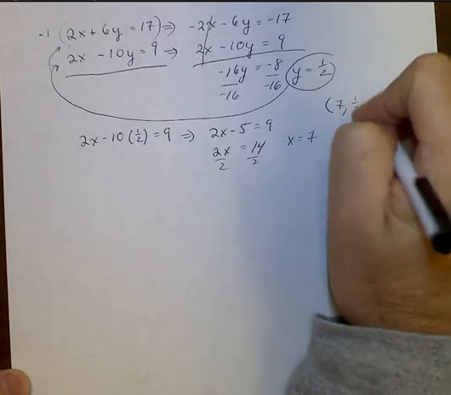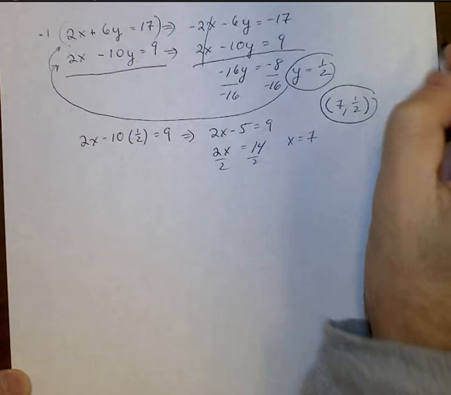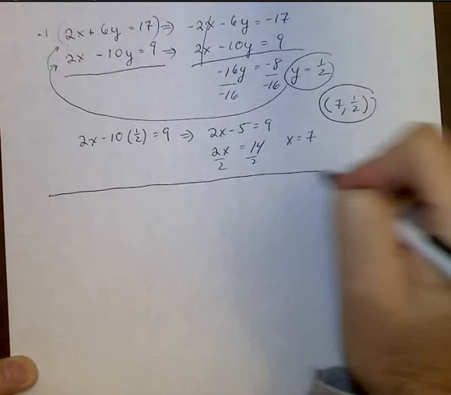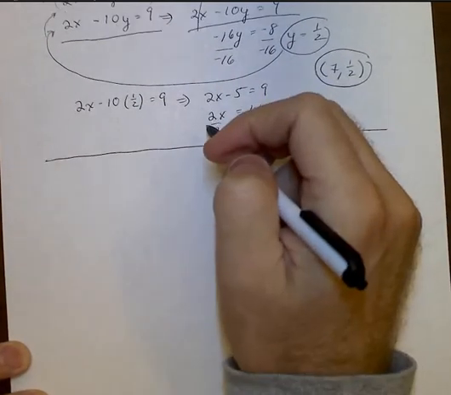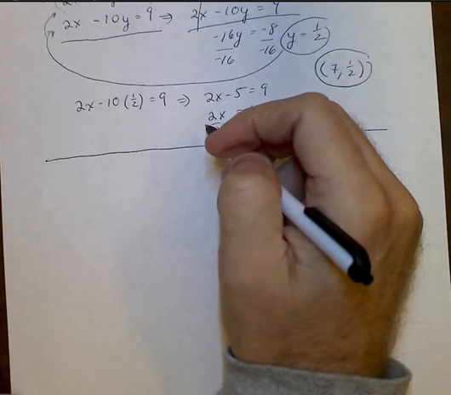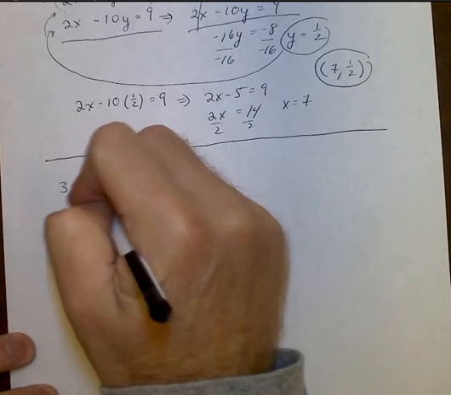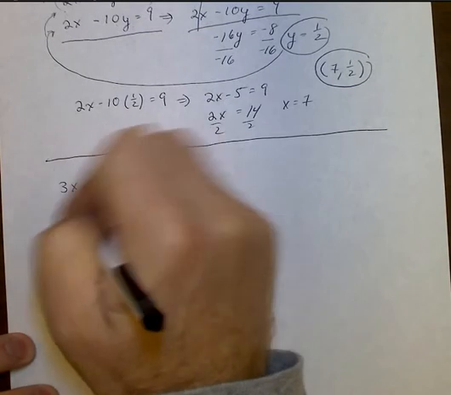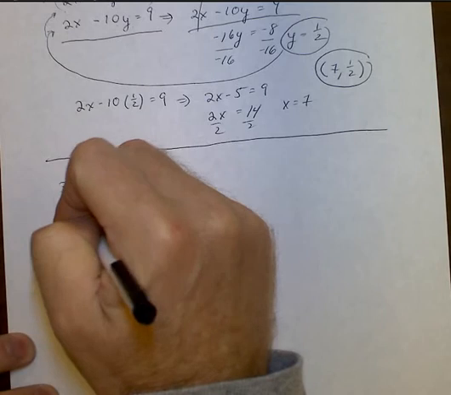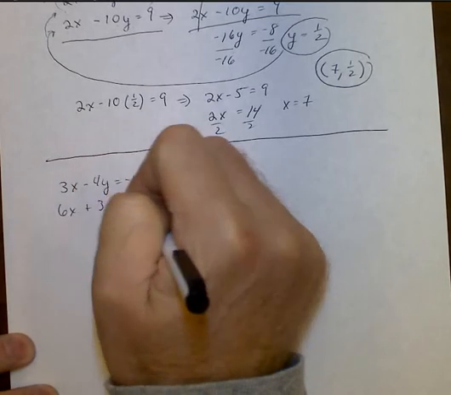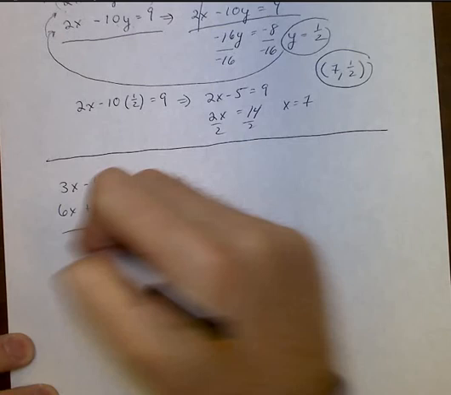All right. Let me do another one, just so we get the process and the technique down. Let's go with 3x minus 4y equals negative 10, and 6x plus 3y equals negative 42. Now, I look at these numbers.